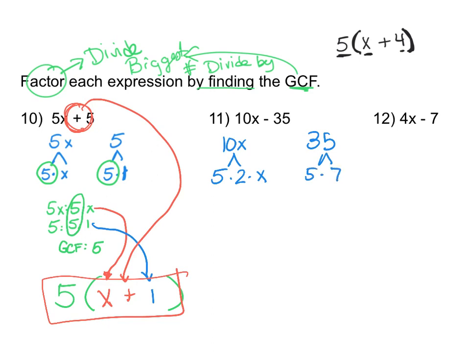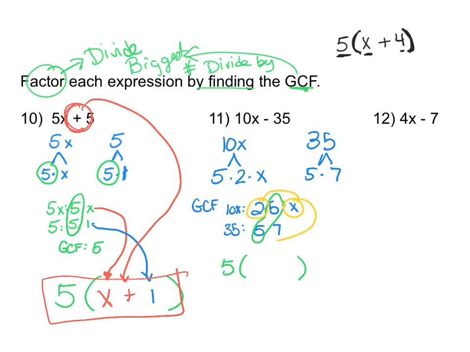Well, what's the greatest common factor? Well, I have a 2 times a 5 times an x for 10x. And then I have 35, which is 5 times the 7. My greatest common factor, the only thing I can circle is the 5, so the 5 will go on the outside. What's left over is this 2 and this x.